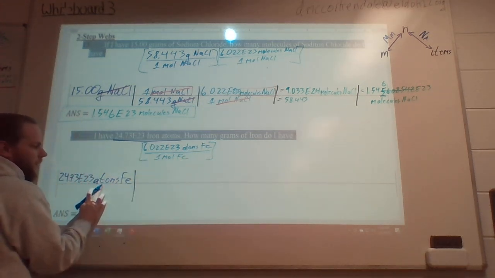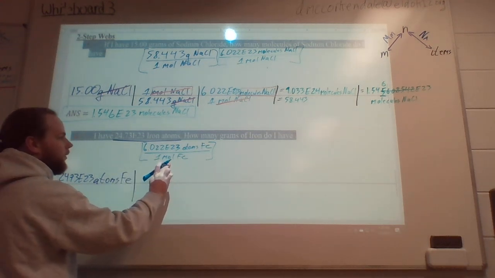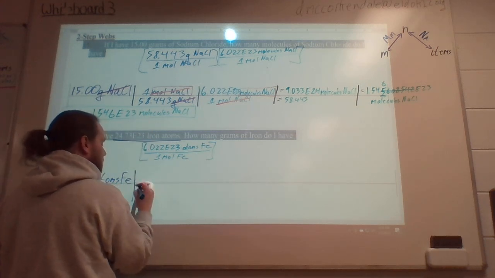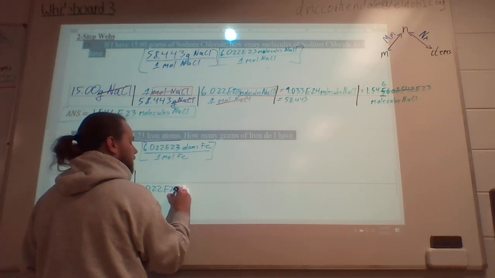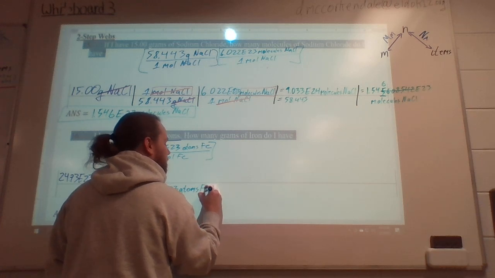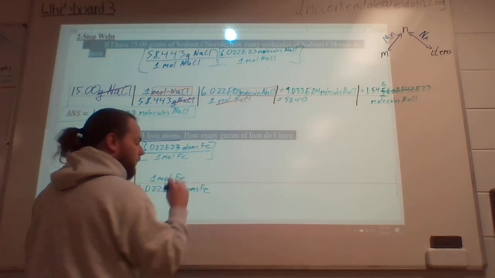We need atoms to cancel, so atoms in this one has to go in the denominator. So this time Avogadro's number is going to be upside down. So 6.022 times 10 to the 23rd atoms of Fe per 1 mole of Fe.